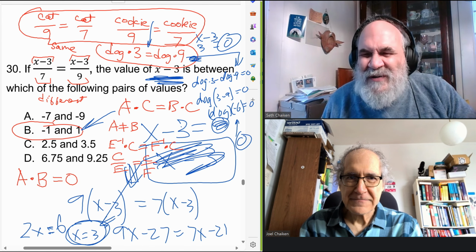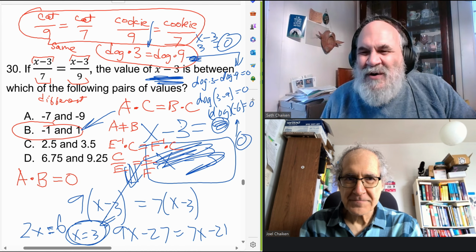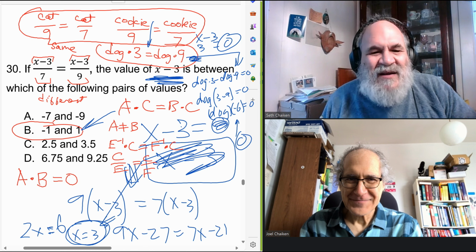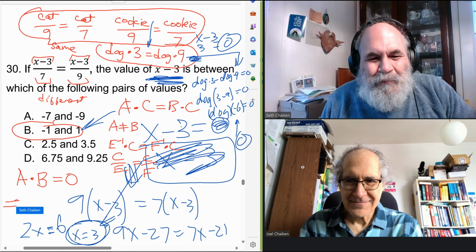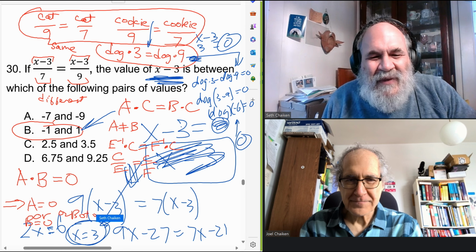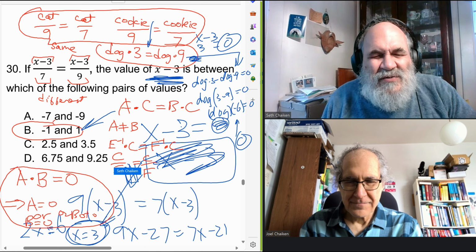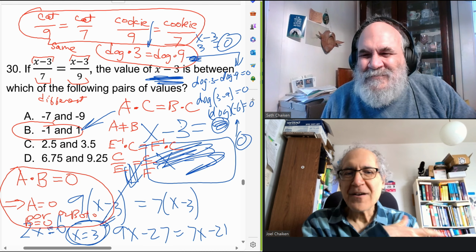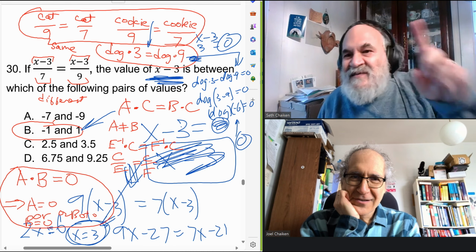If you want words for it, the kinds of words you learn when you get a PhD in mathematics, this property is called the domain property. So that's the name for it.